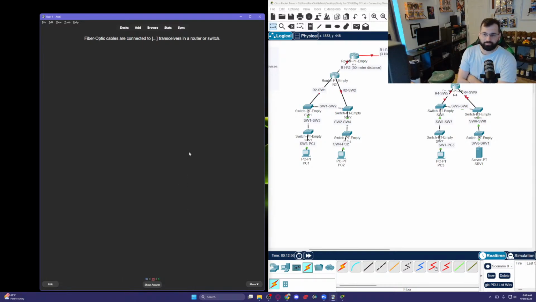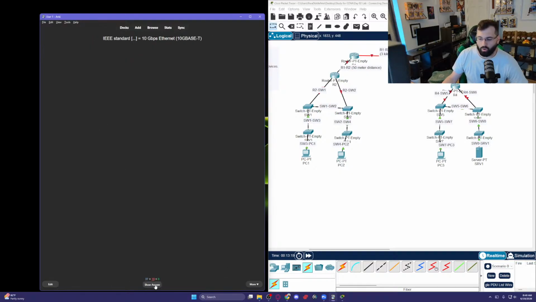Okay. Fiber optic cables are connected to blank transceivers on a router or switch. Fiber optic cables are connected to the small form factor pluggable. Yeah, small form factor, SFP.